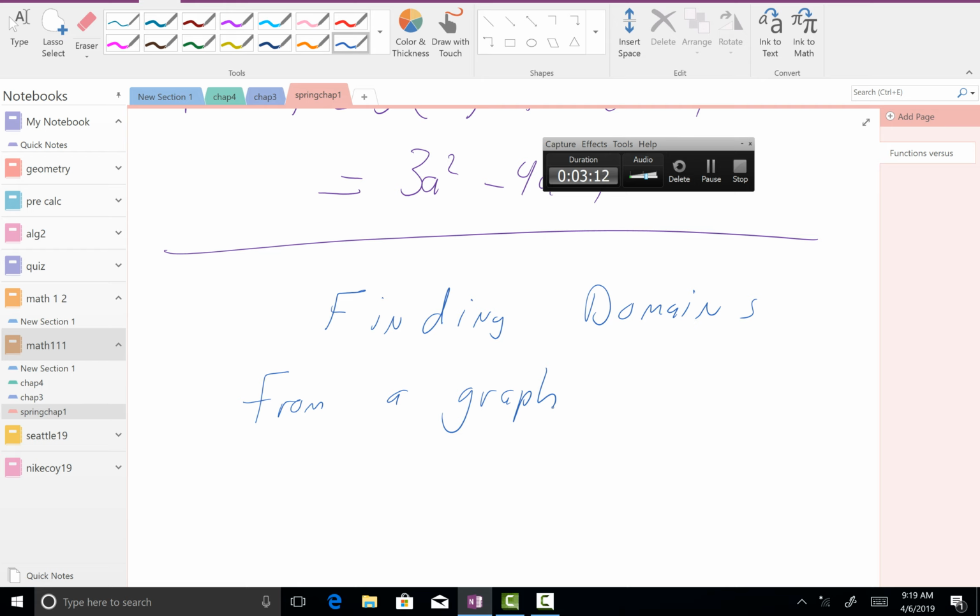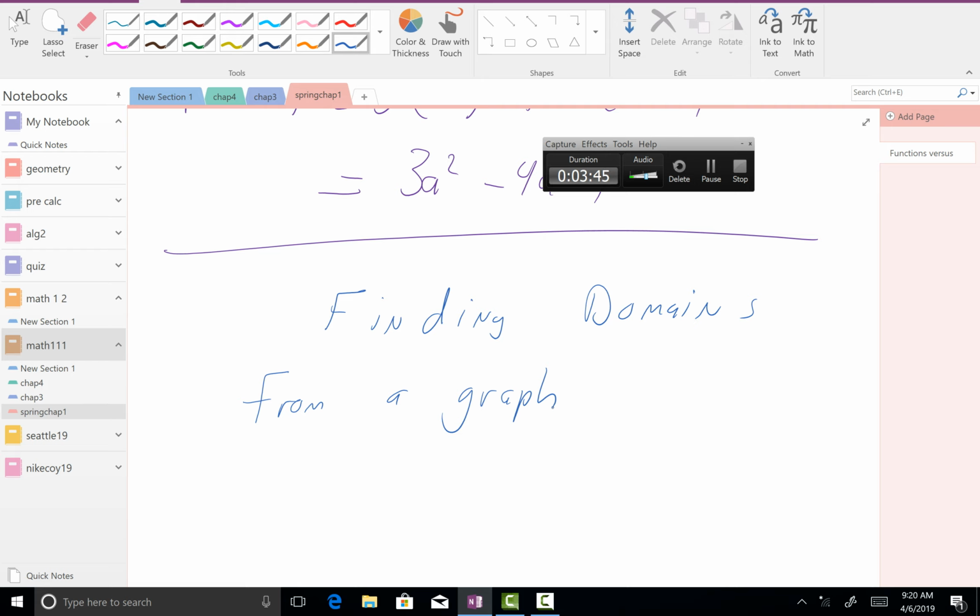If we go with what we call a power function, here we have a parabola. Again, no matter how much I zoom in or zoom out, it's going to keep going.